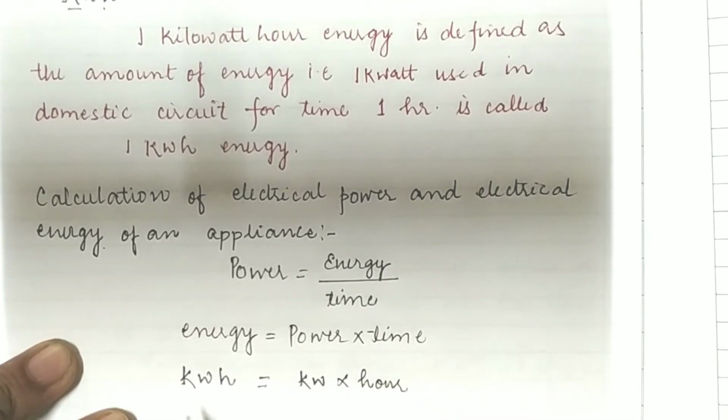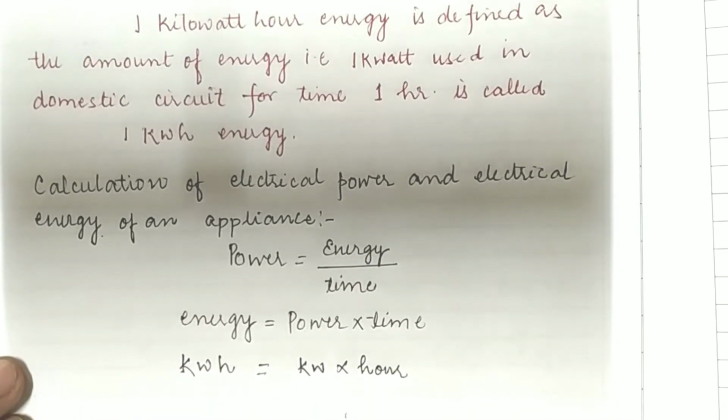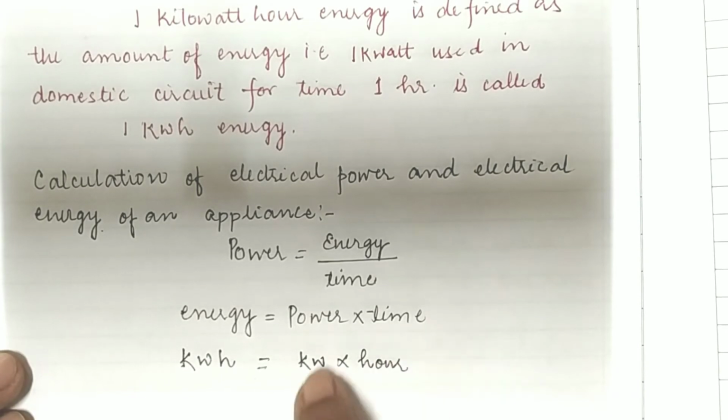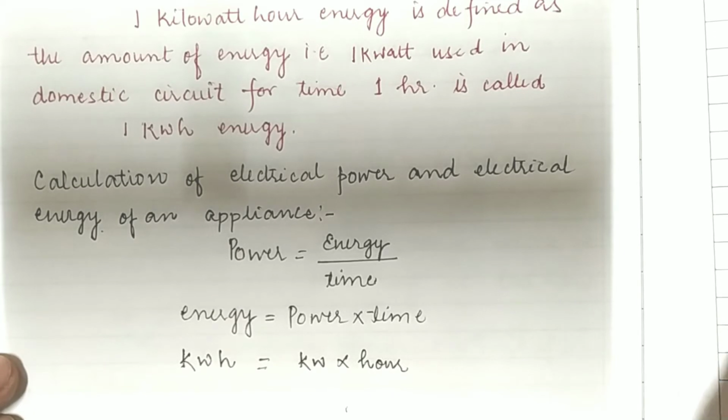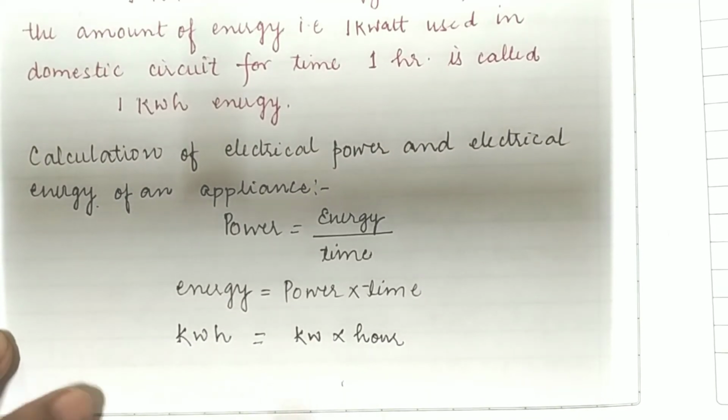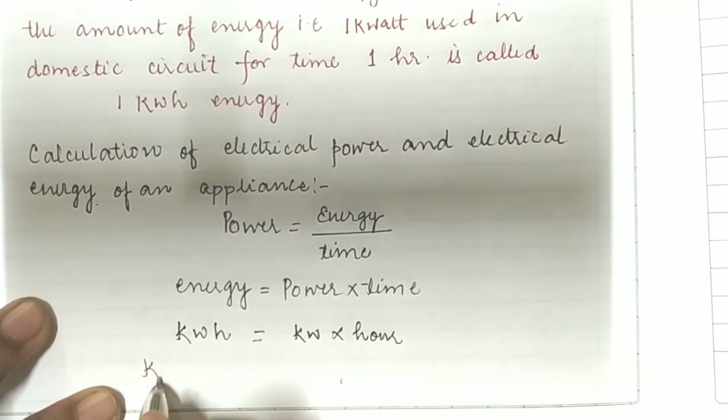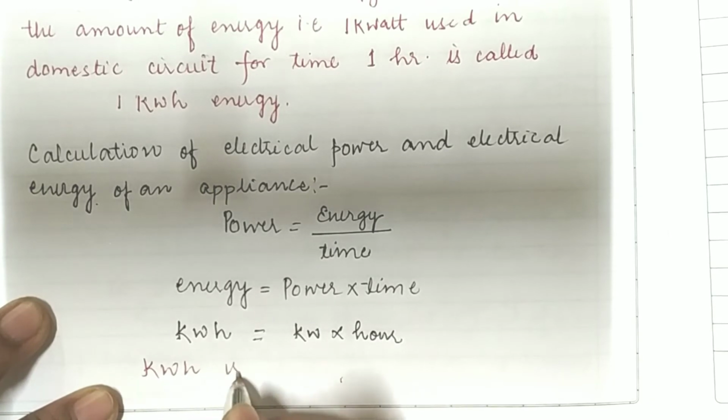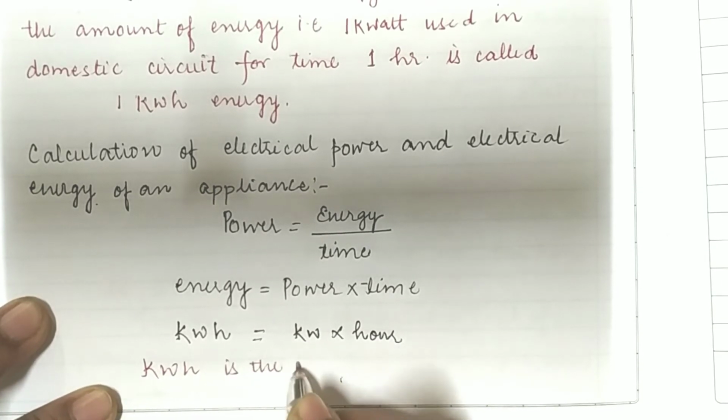So the unit of electrical energy is kilowatt hour, which is also known as the commercial unit. We can write here that kilowatt hour is the commercial unit of electricity.